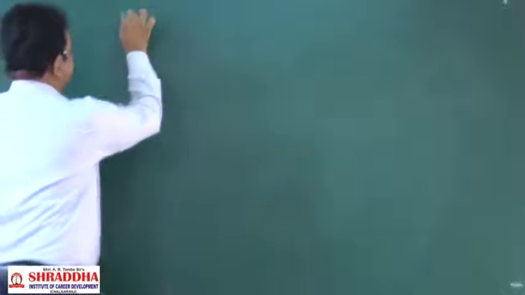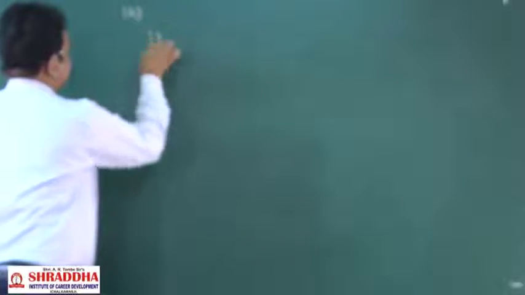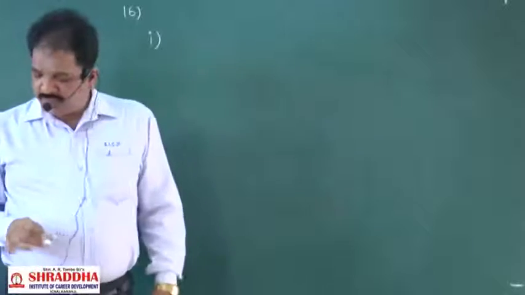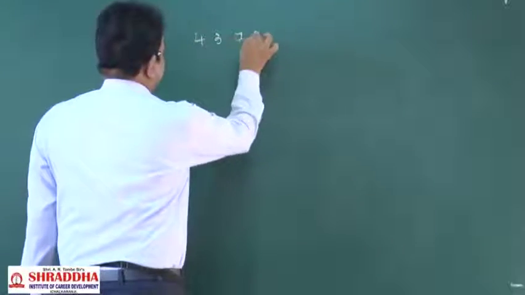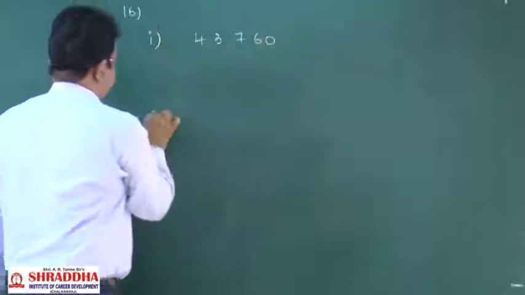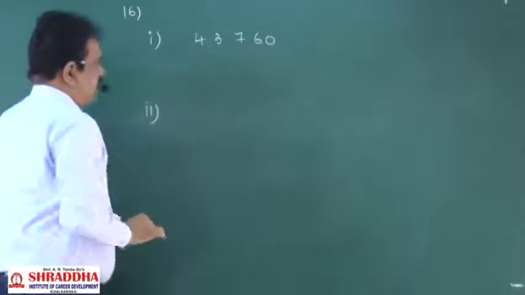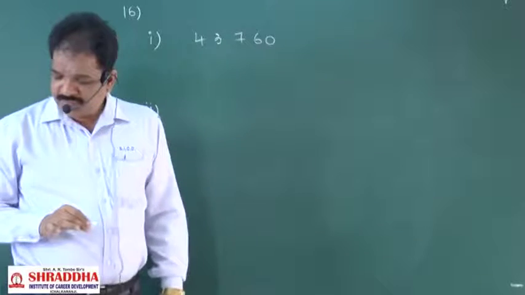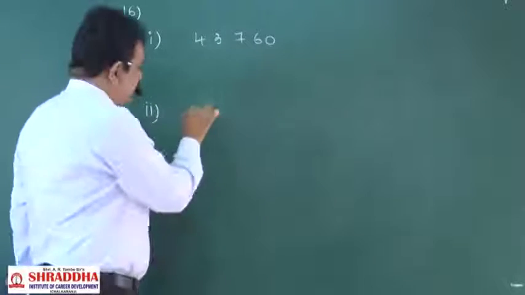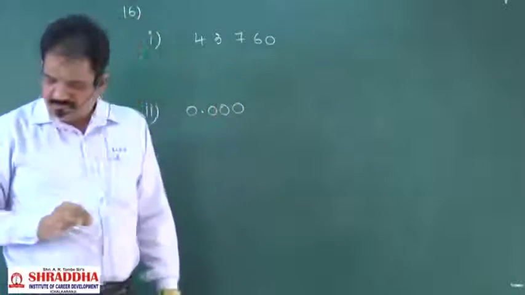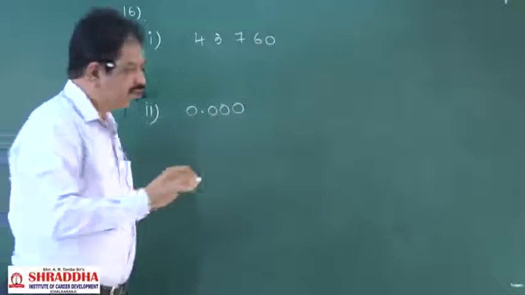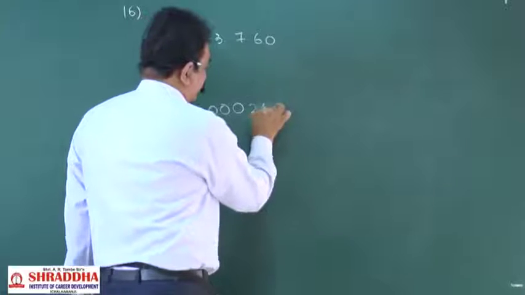First number they gave is 43760. Second number they gave is 0.30, 25432.